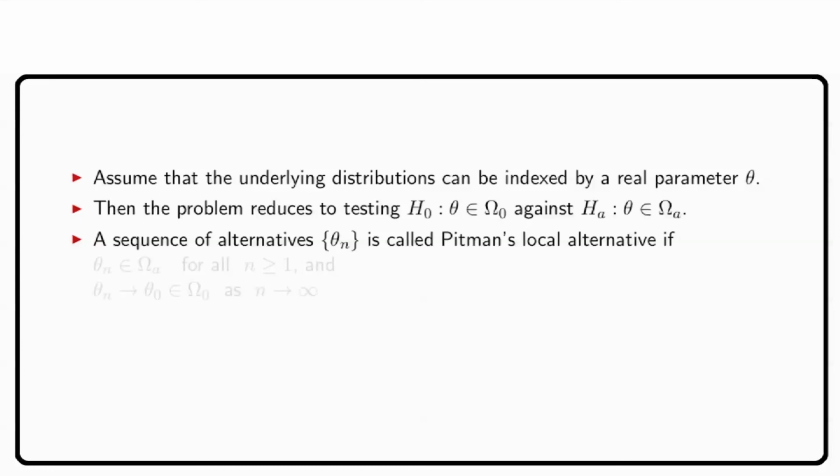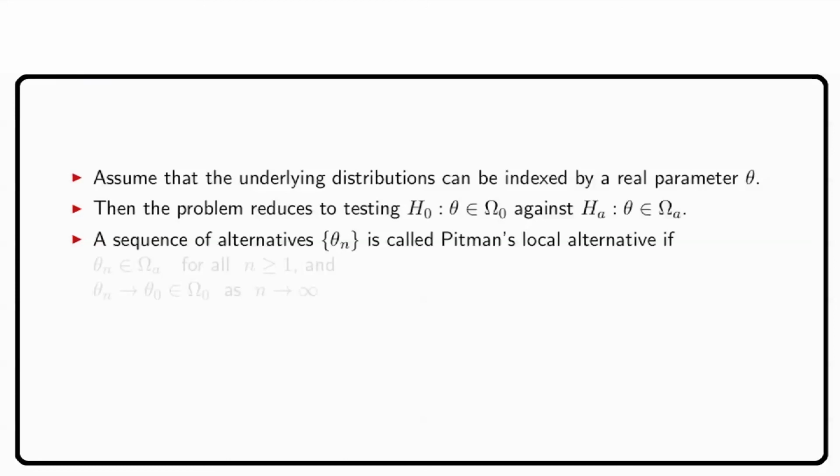Assume that the underlying distribution can be indexed by a real parameter theta so that the problem reduces to testing H0 that theta belongs to omega naught against HA that theta belongs to omega A.